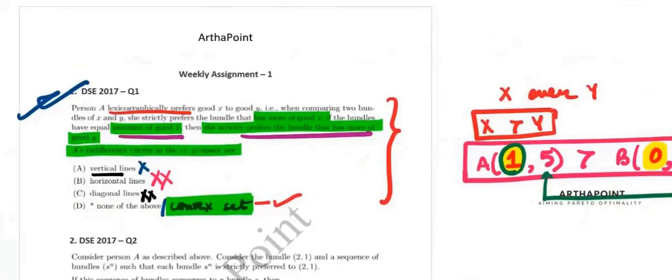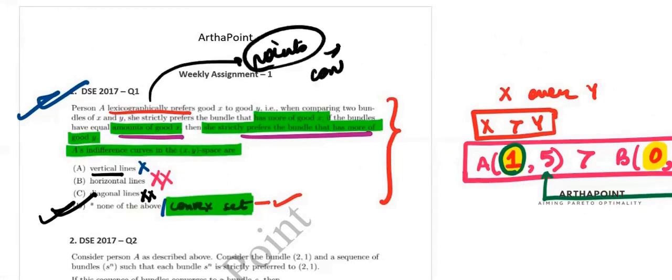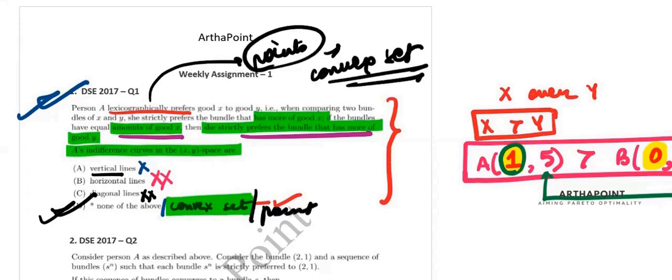So for question number 1, my answer is none of the above. Actually, lexicographic preferences are just points. Each point in itself is a convex set. So we can have the answer as point, we can have the answer as convex set, or we can have the answer as none of the above.